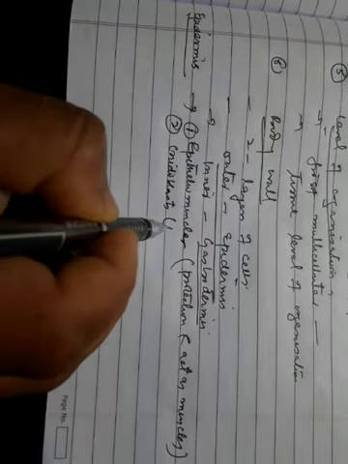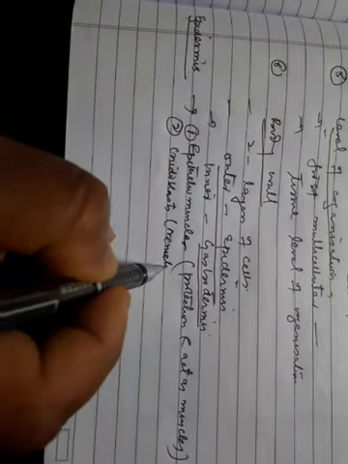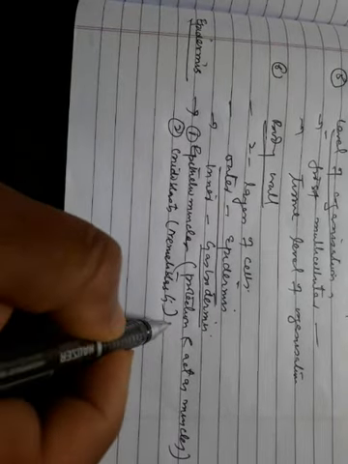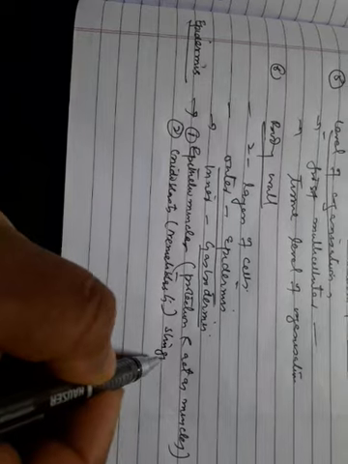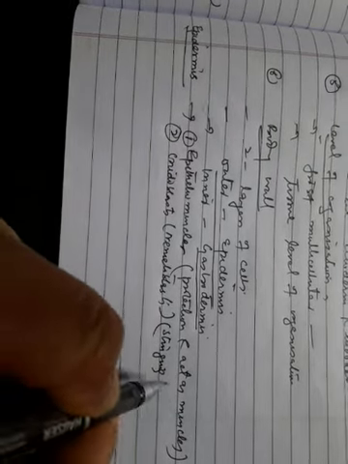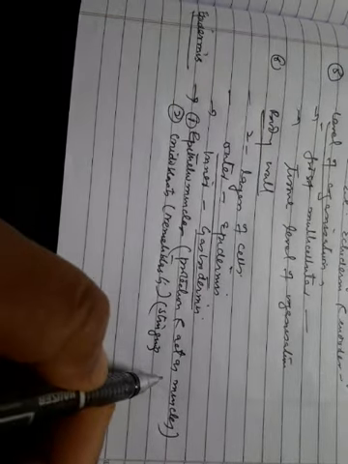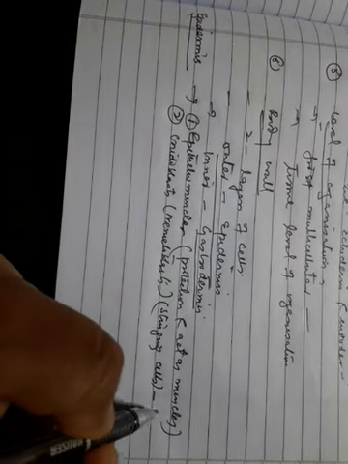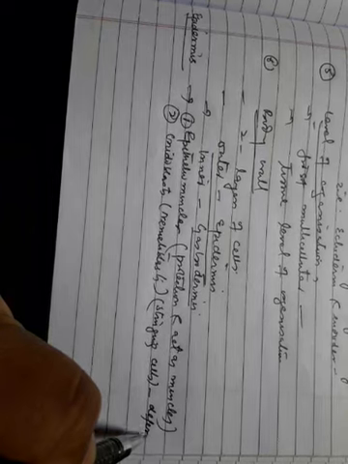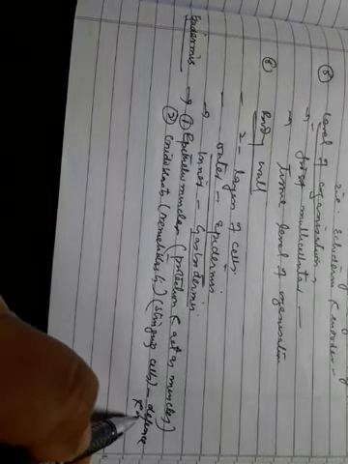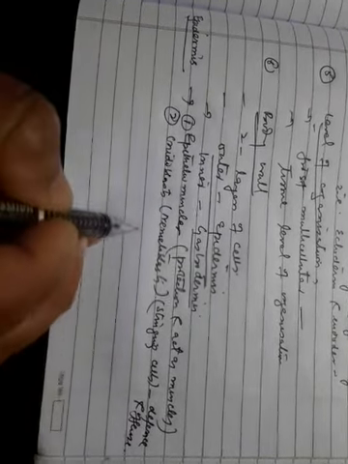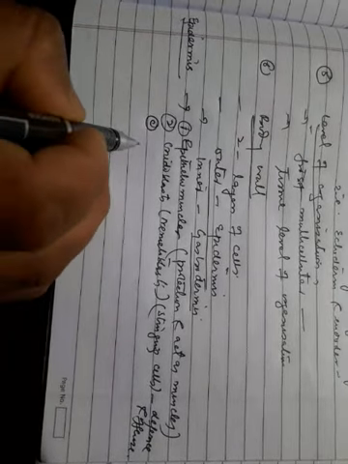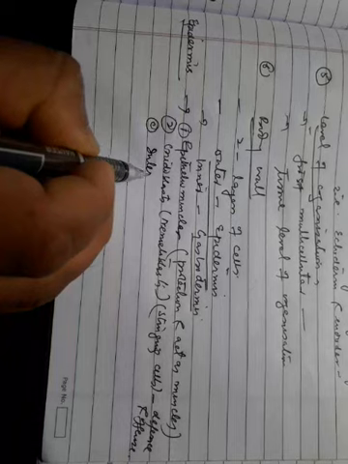Cnidoblasts are also called nematoblasts or stinging cells. This is the unique feature of this phylum, stinging cells. These cells are for defense and offense.